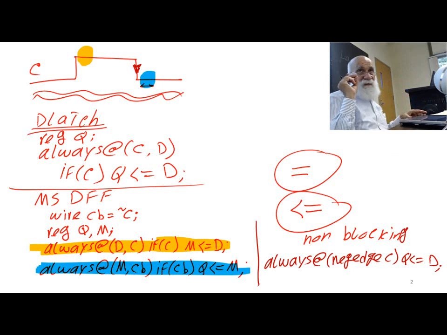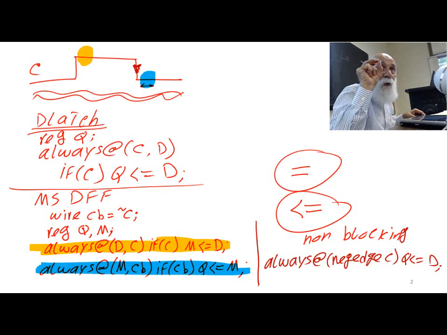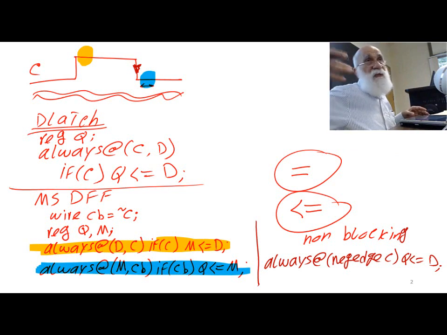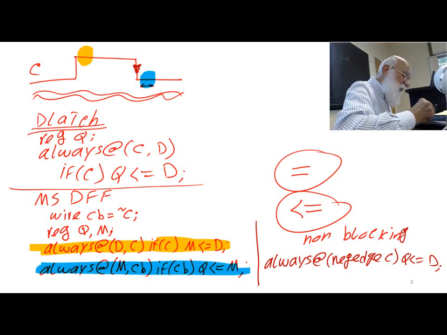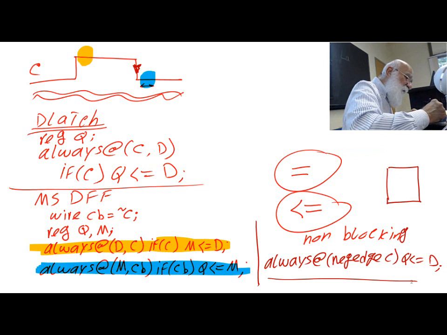A few nanoseconds. If you ignore those few nanoseconds, sometimes it's not even a nanosecond, if you ignore that little delay, then you might look at this as changing on the edge. If it's changing on the edge, then this will be the description, and this will be the notation for it.